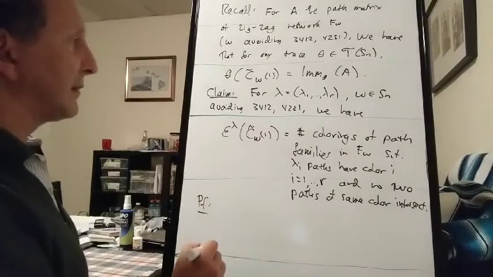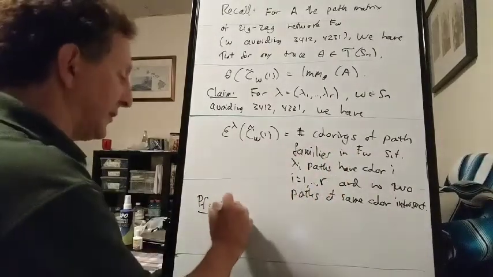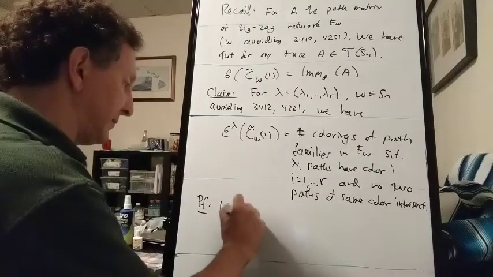To see this, let A be the path matrix of FW.